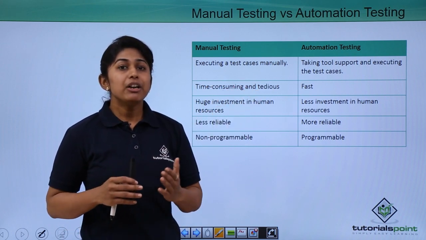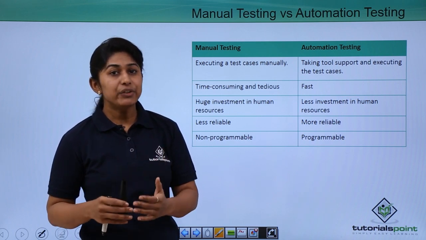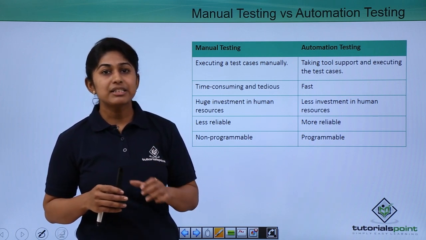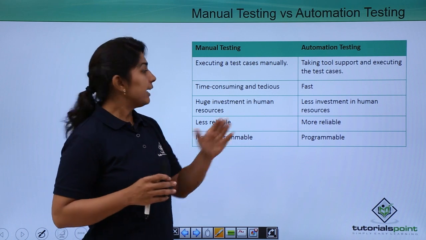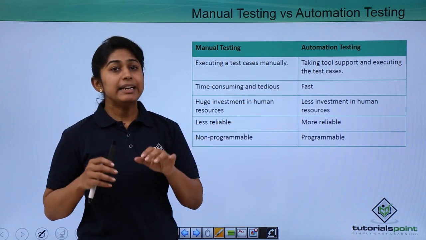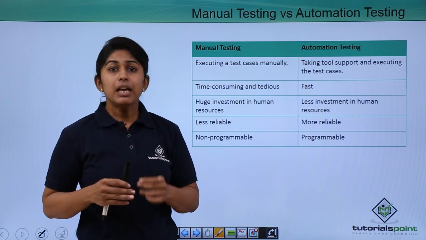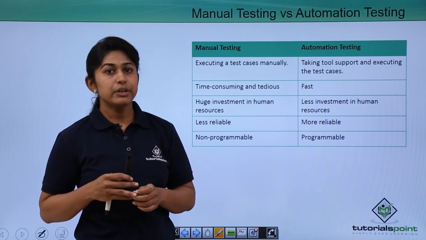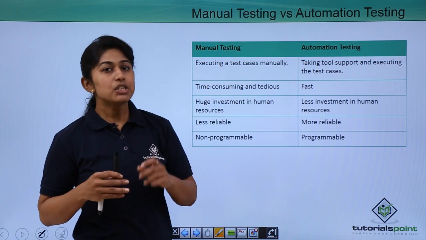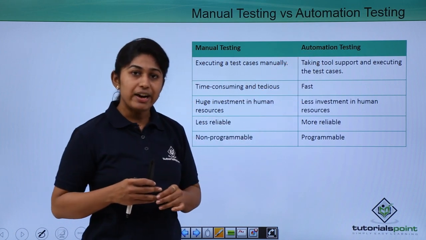As every tester is doing it manually, we need more time to execute the test case, while in automation testing we are writing code which will be executed automatically. So it takes less time to execute and verify the results. So automation testing is fast.